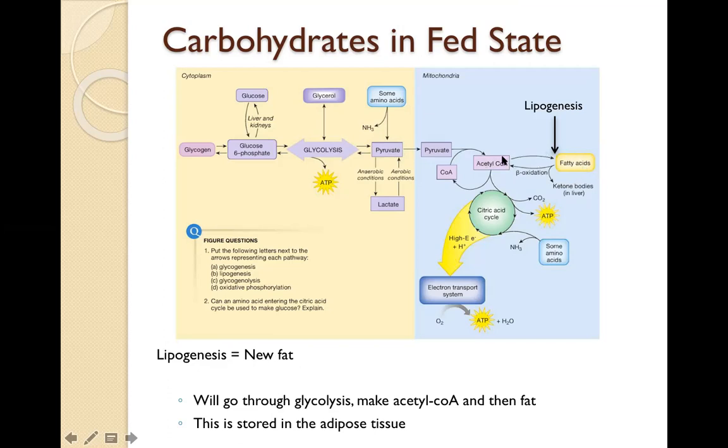or the broken down units of fatty acids, back into glucose. So once you're in a state where you're storing fat, if you're ever in a state where you now break down that fat, the fat will get broken down, and it's required to go through the citric acid cycle and electron transport system to be oxidized fully. That's the only way to get rid of fat in the body, is to go through oxidative phosphorylation.